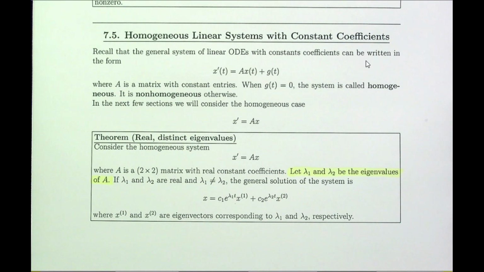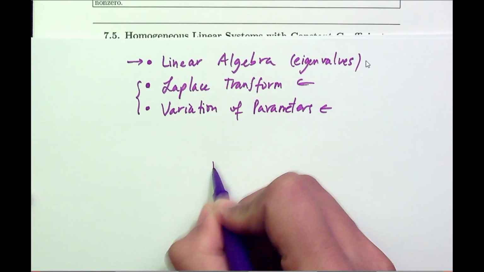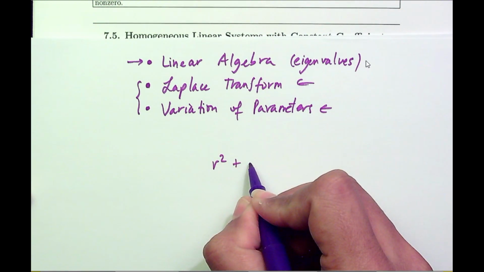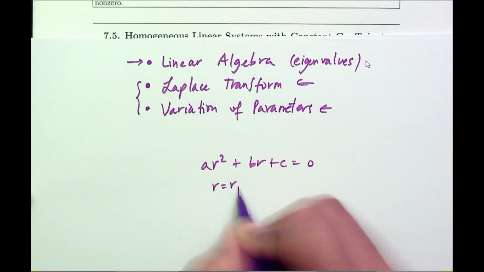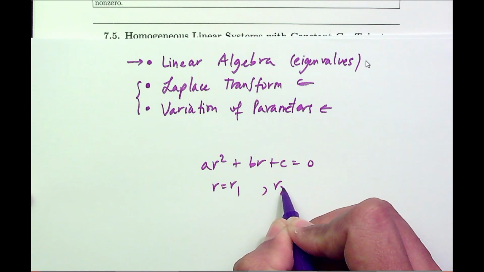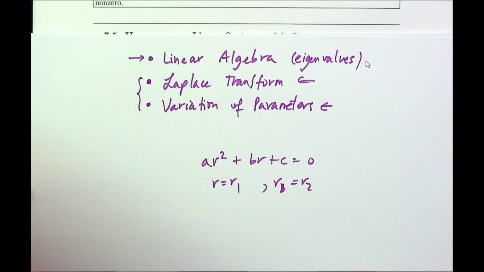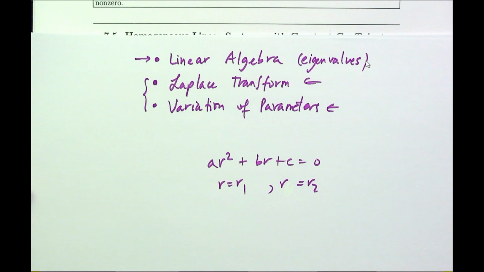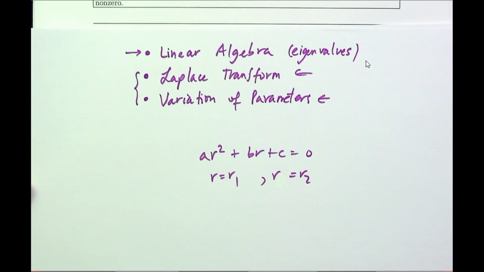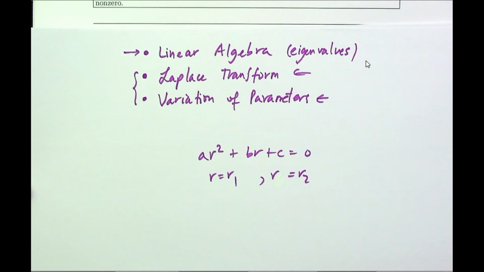But in the single equation case, once we found the roots of the characteristic equation, so we had ar squared plus br plus c equals 0, we had three cases. We could either have both solutions real and different, both real but the same, or both complex.